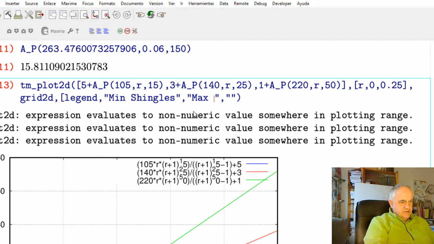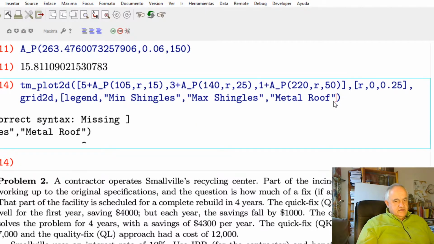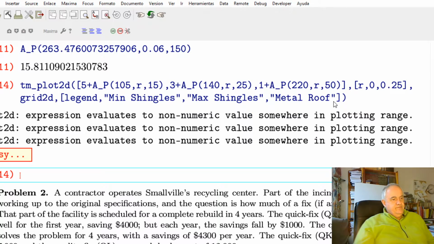Okay, I will just write it. It's not so problematic. Metal roof for the third one. Oh, the bracket is missing here.